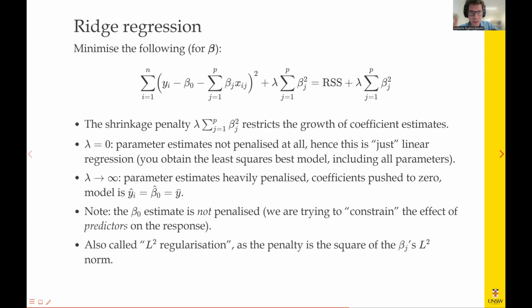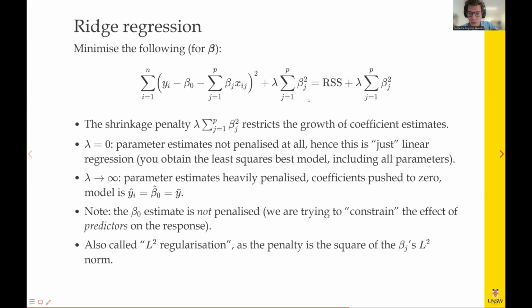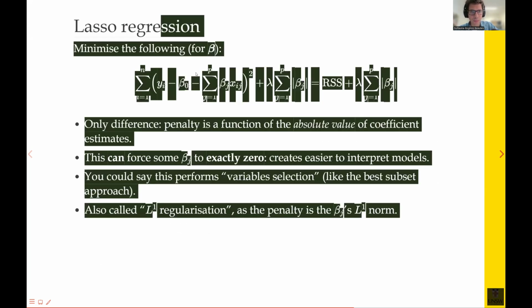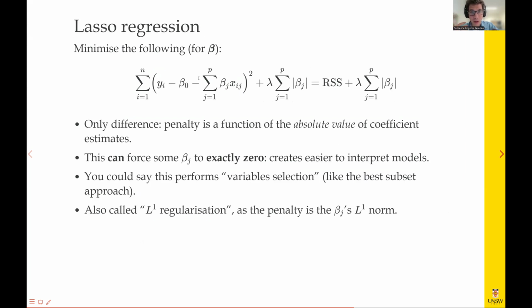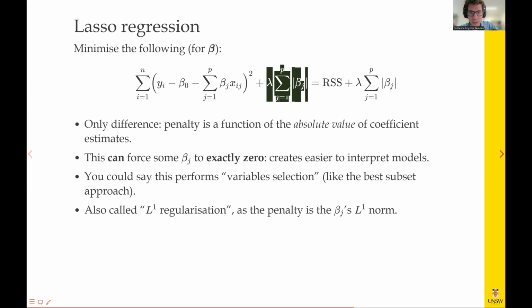So this is what we're minimizing under the so-called ridge regression. Now, if you've understood that, you will understand the lasso the same way. So lasso again is an alternative approach to this shrinkage idea. Really similar, but the penalty is different. So now what we minimize under the lasso is as before the residual sum of square to which we add the penalty, but now the penalty is again a positive function of the coefficient, but it's not the square anymore.